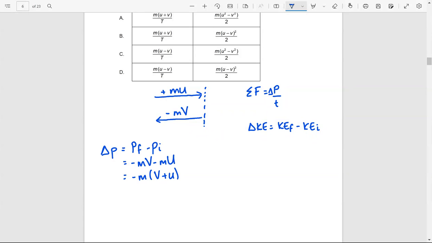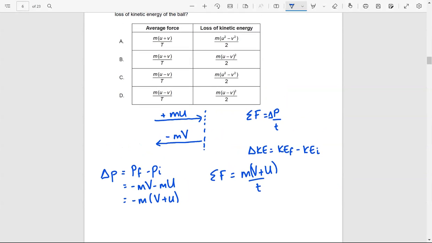And then if we want to actually work out the force directly, it's going to be m(v plus u) over t. So it's going to be either A or B.